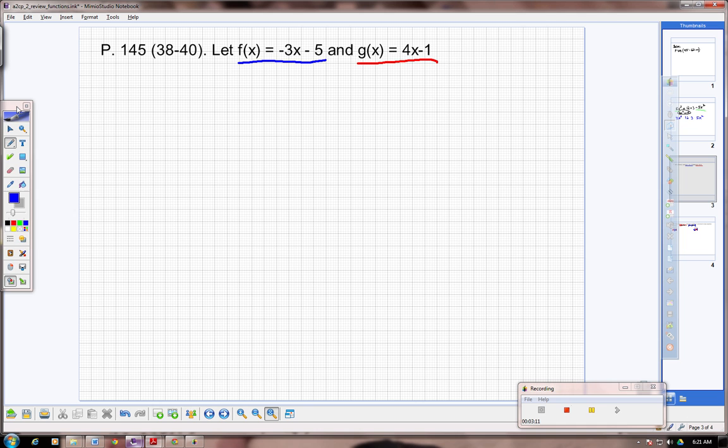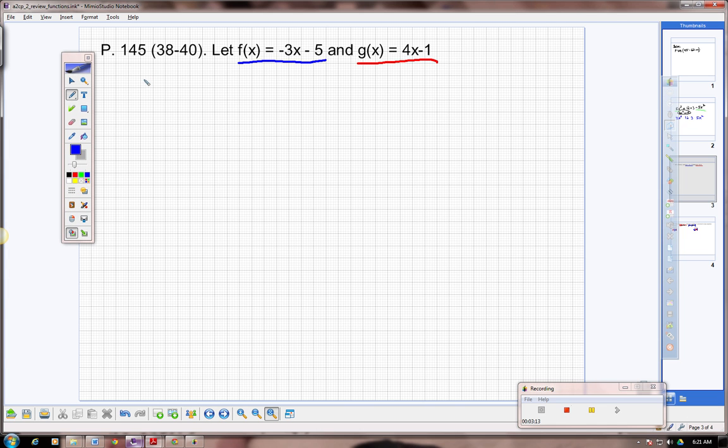In order to find f of g of 3, I always like to put parentheses around that: f of g of 3.